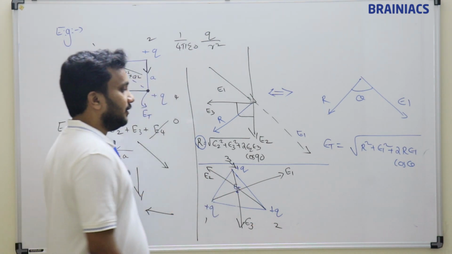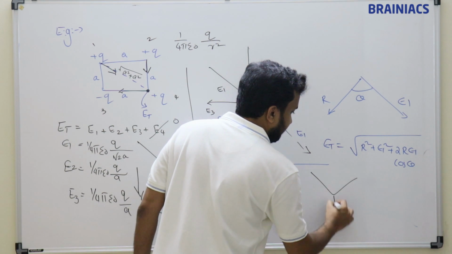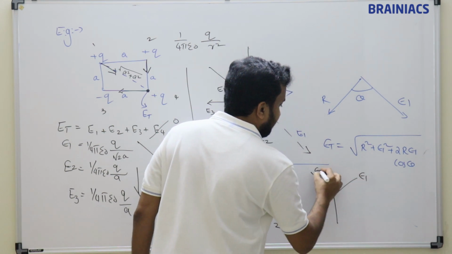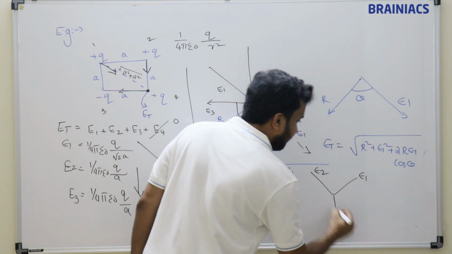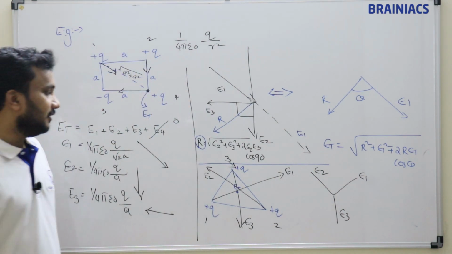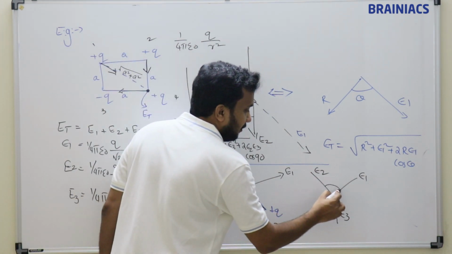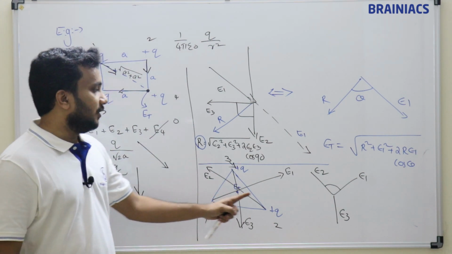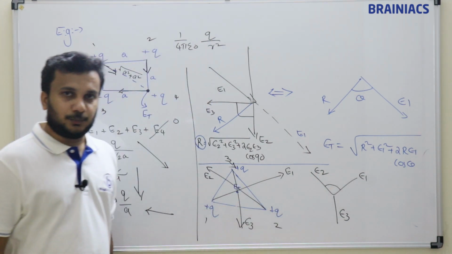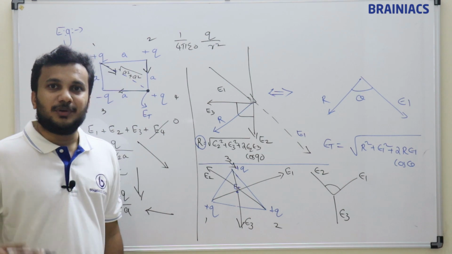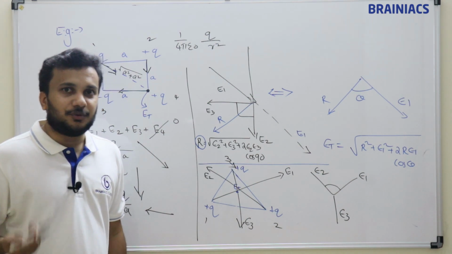Now you have 3 vectors like this, right? E1, E2 and E3. How will you find the resultant? You can find it from the triangle concept. You have to find the angle between E1 and E2. There you will find the resultant of 2 vectors. How will you find the resultant?